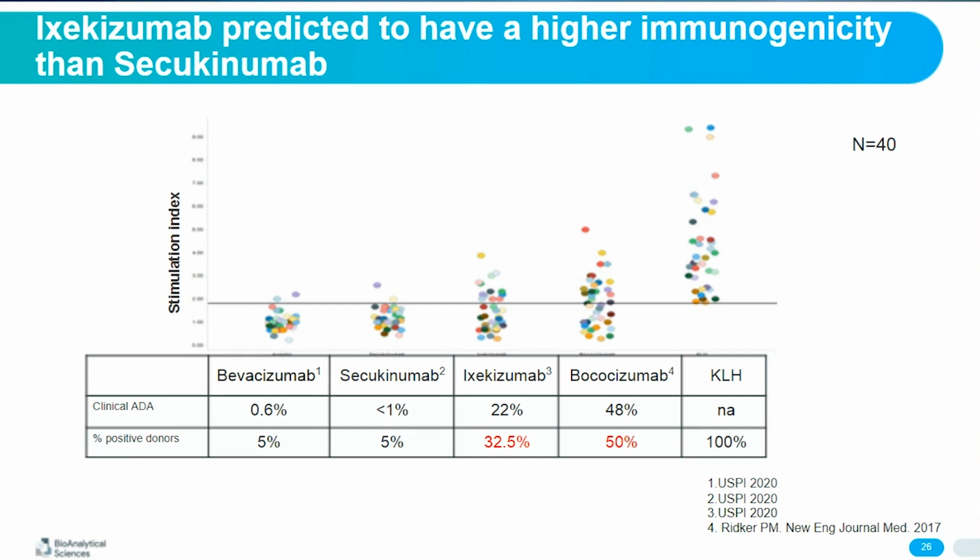Following the treatment of PBMCs with ixekizumab, 13 donors out of the 40 were positive, with a stimulation index above 1.8 for their CD134 and/or CD137. While following stimulation with secukinumab, there was only one donor positive, suggesting that ixekizumab will be more immunogenic than secukinumab when we enter the clinic.